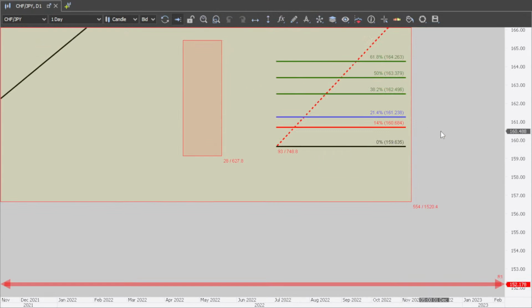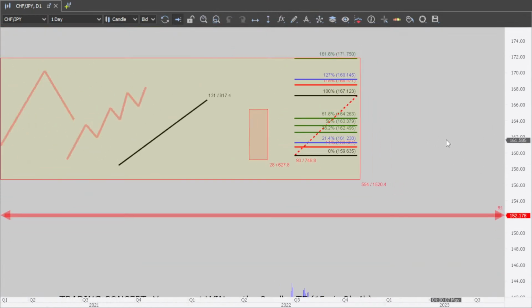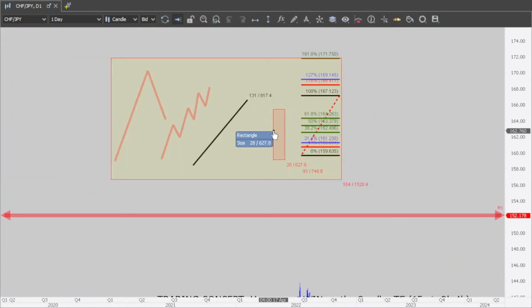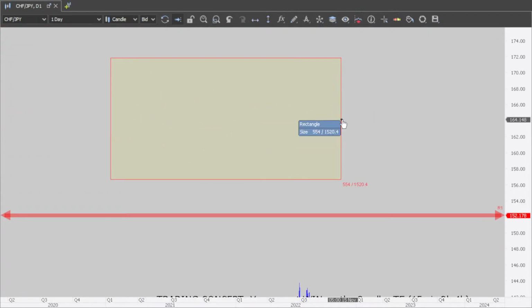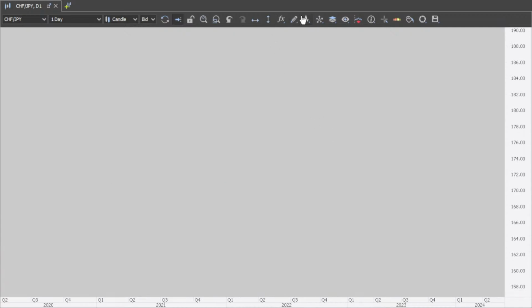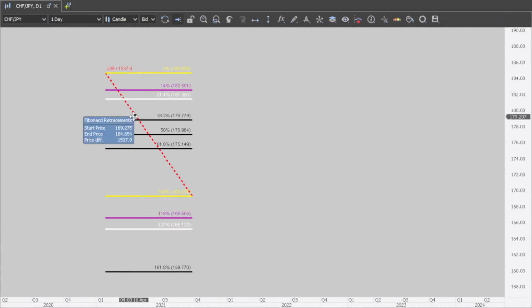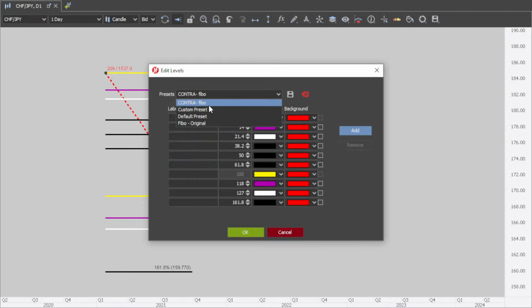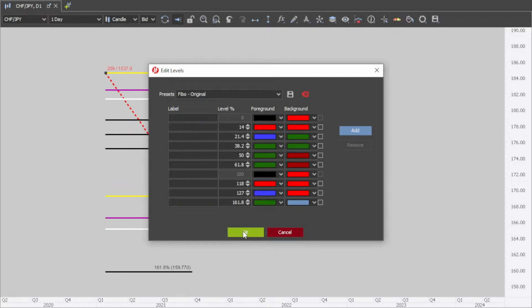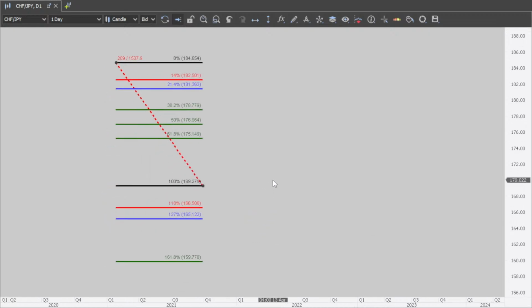So we are here, and let's talk about CHF-JPY right now. We have a down Fibonacci, the original one, and please ask questions if it's not clear or if I'm going too fast. Type in the chat, slow down.